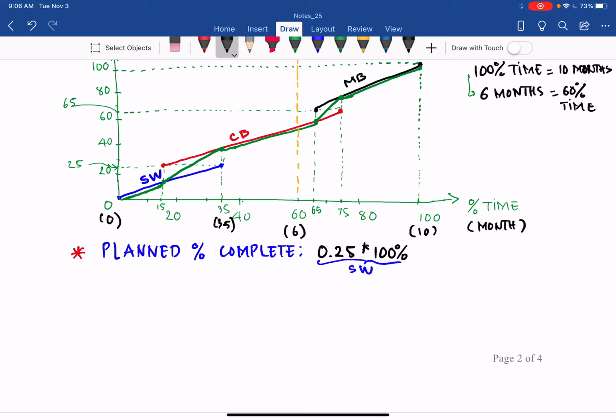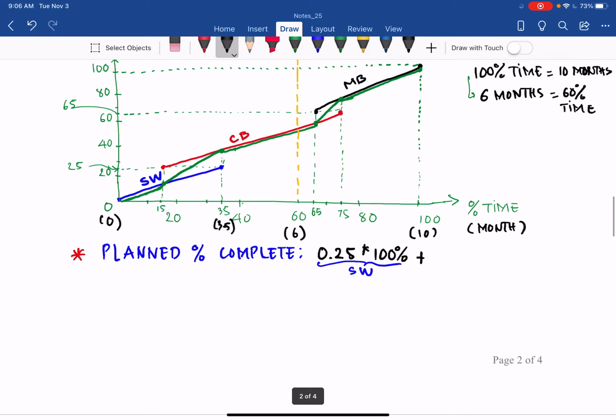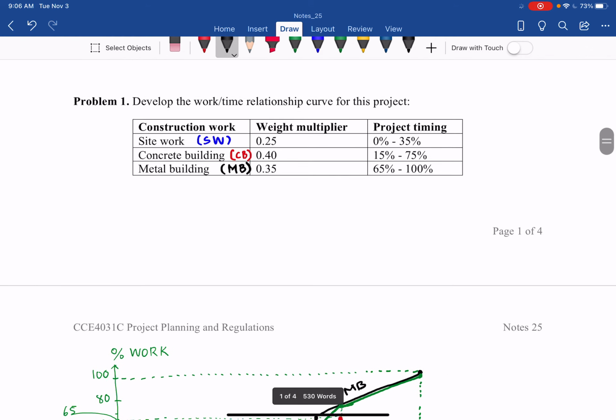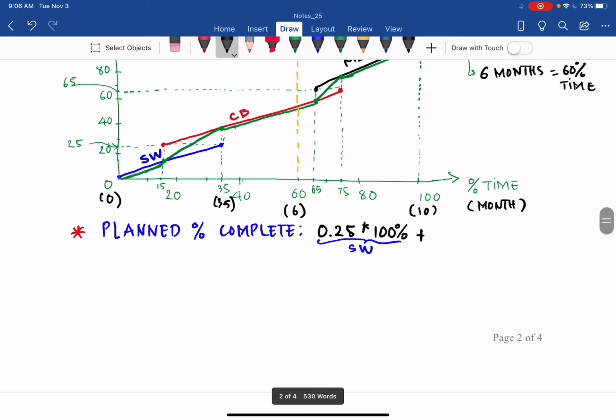And then for the concrete building, the effort, if we finish the concrete building, is 40% of the effort. So we have the effort of 0.4, then we multiply by the percent complete.